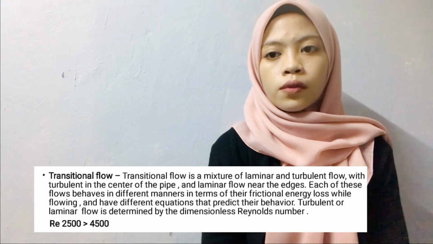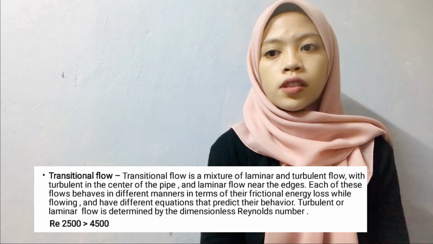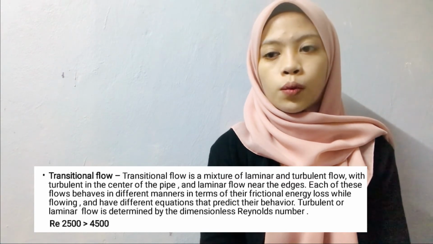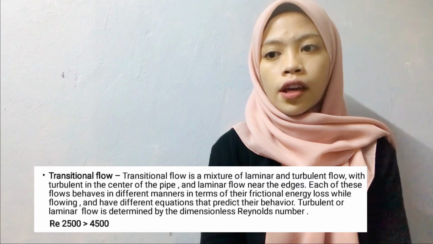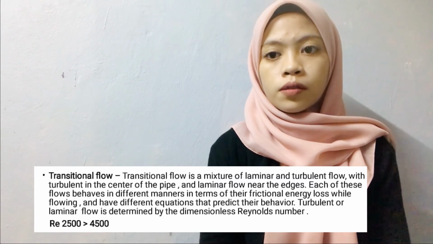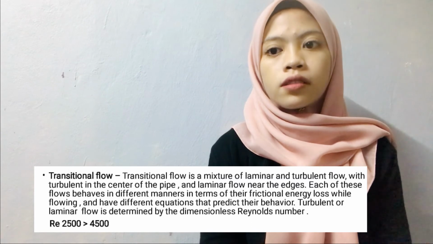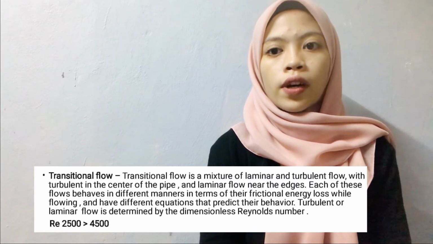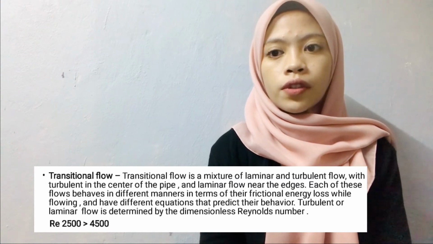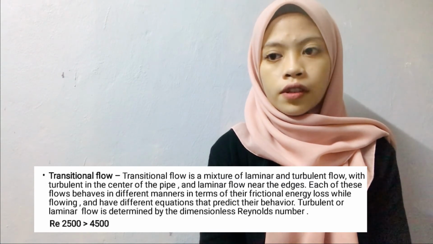Transitional flow. Transitional flow is a mixture of laminar and turbulent flow, with turbulent flow in the center of the pipe and laminar flow near the edge. Each of these flows behaves in different manners in terms of their frictional energy loss while flowing, and has different equations that predict their behavior.